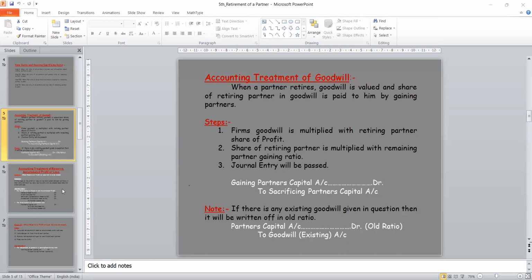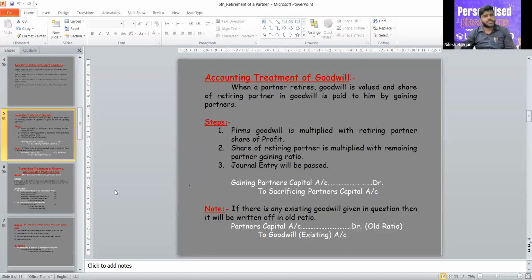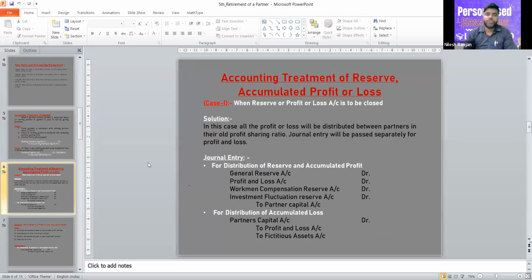Now, the next concept. We will discuss the questions related to this also, because it will be in the question on reserves and accumulated profit. When we solve a detailed question, it will be included in that. Now, the next is accounting treatment of reserves, accumulated profit or loss.